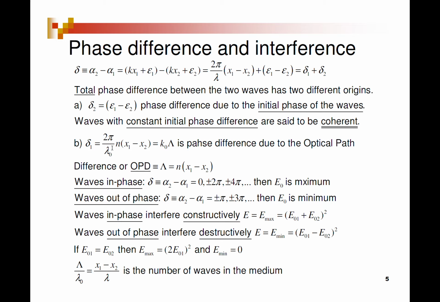And if you look here, k, which is 2 pi over lambda, is the wave number, times x1 minus x2, and this is given by k0 times capital lambda, where capital lambda is given by n times x1 minus x2, the spatial difference times the refractive index of the medium, which is the OPD.